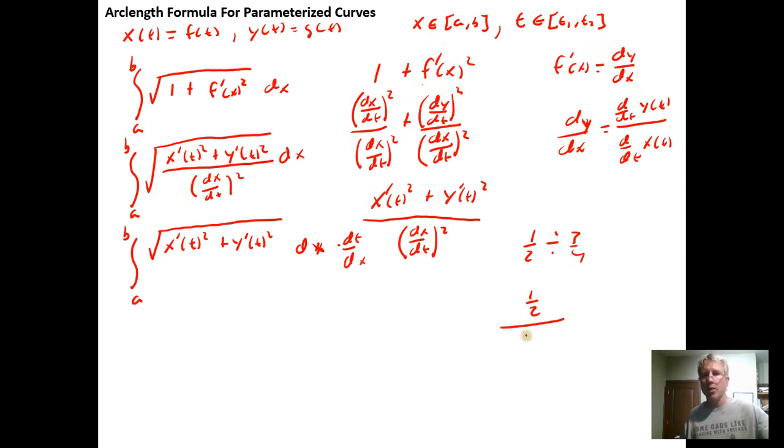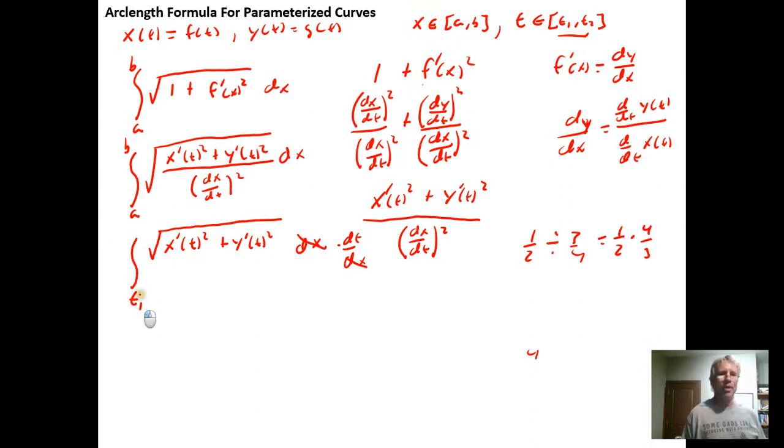We're taught to change division to multiplication and just multiply by the reciprocal, though they don't usually tell us why. Taking advantage of that here, I now have dx sitting in the numerator position and dx in the denominator position, and those cancel and leave me with an integral that's strictly in terms of dt. And because my integral is now in terms of dt, I want to run it not from a to b, but from t sub 1 to t sub 2.